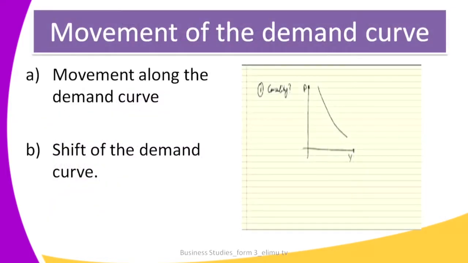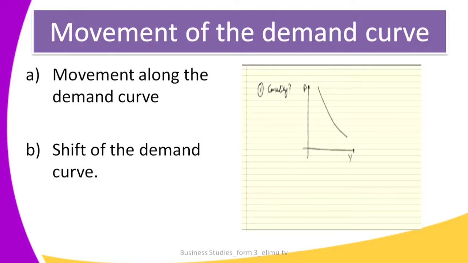Let's now look at the movement of the demand curve. When you talk about movement, it is a change of position from one position to another. But when you talk about the demand curve, we are going to look at two types of movement. One is the movement along the demand curve, and the other one is the shift of the demand curve.